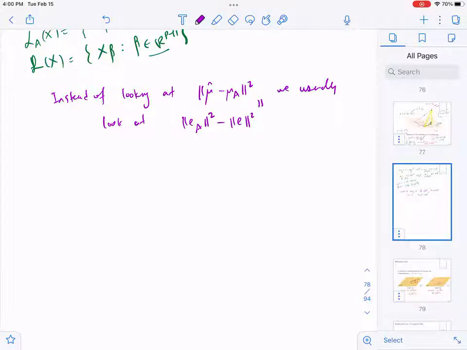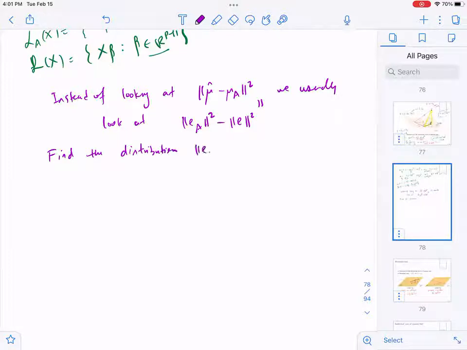How do we do this? Right, find the distribution. So these two are equivalent.